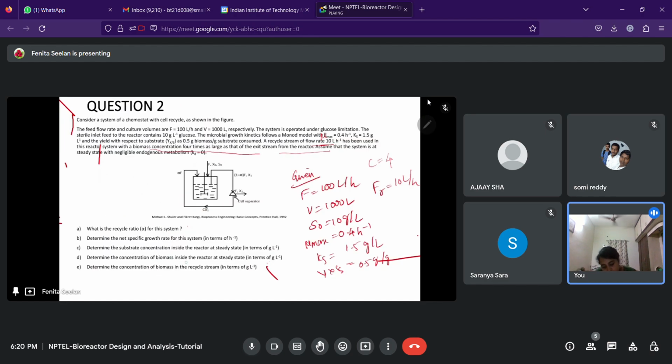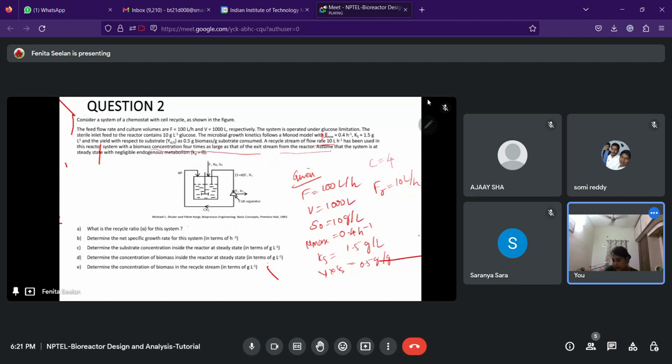So what is the next part? Determine the substrate concentration inside the reactor at steady state. That means how much substrate is inside the reactor at steady state. You have been given S naught as 10 gram per liter, and we need how much remains inside at steady state.